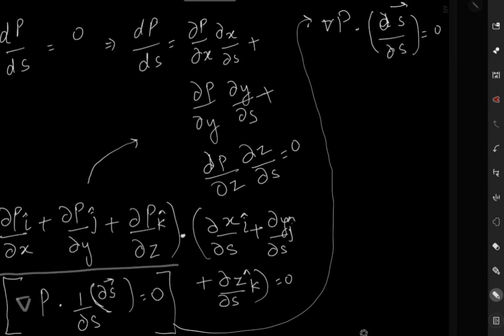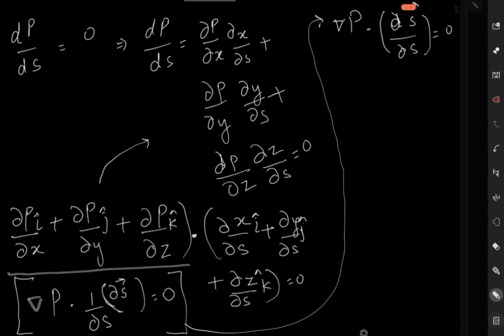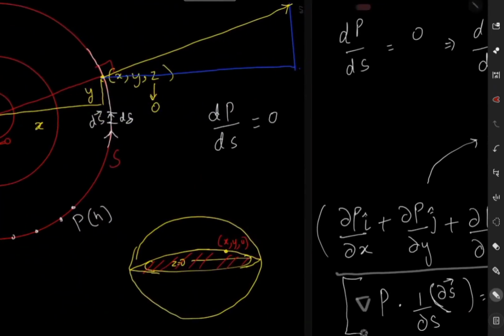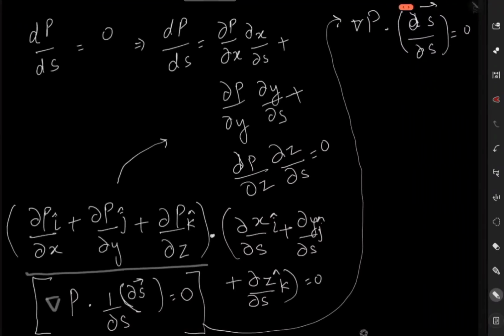So we are moving in this direction, and gradient p dot ds vector is equal to 0.